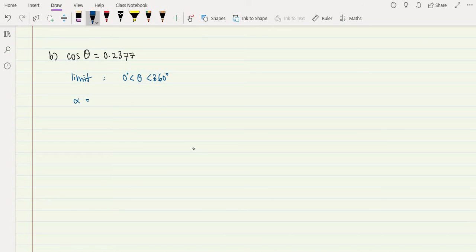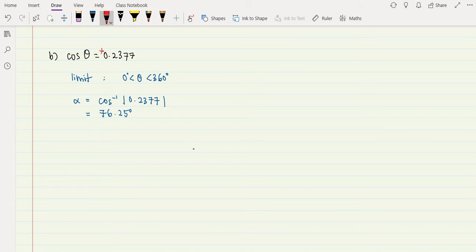Alpha will be equal to arccos of 0.2377. We key it into the calculator, and that gives alpha as 76.25 degrees.